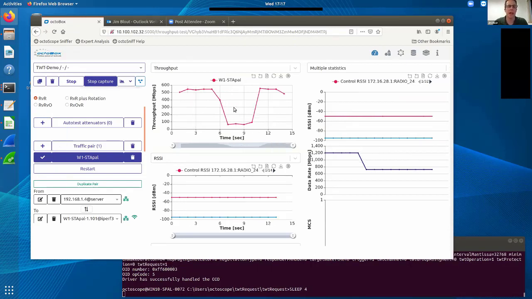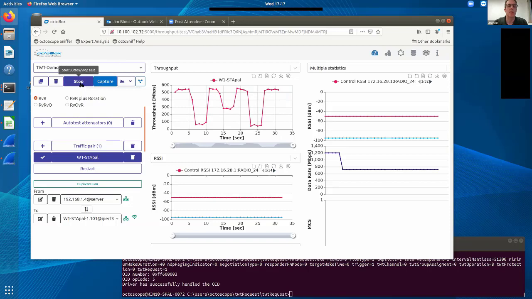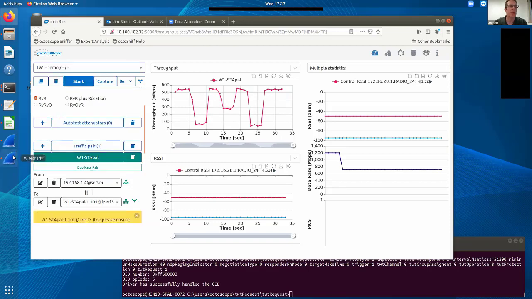You can see the effect it had on the traffic. Now a second request was sent. And these have different parameters for the exponents and the mantissas to set up different degrees of sleep and wake times. So those were the 3 setups.